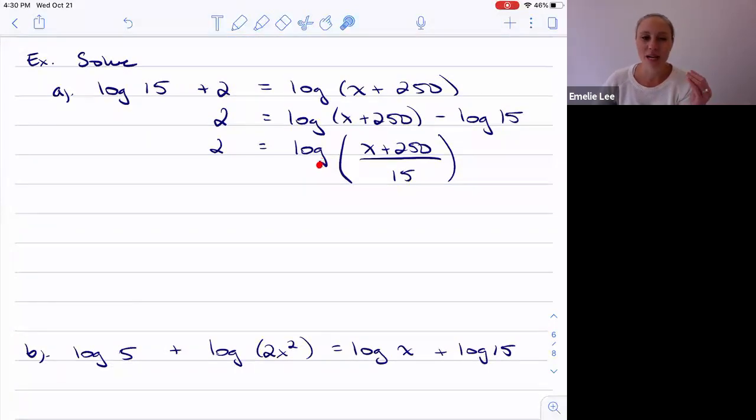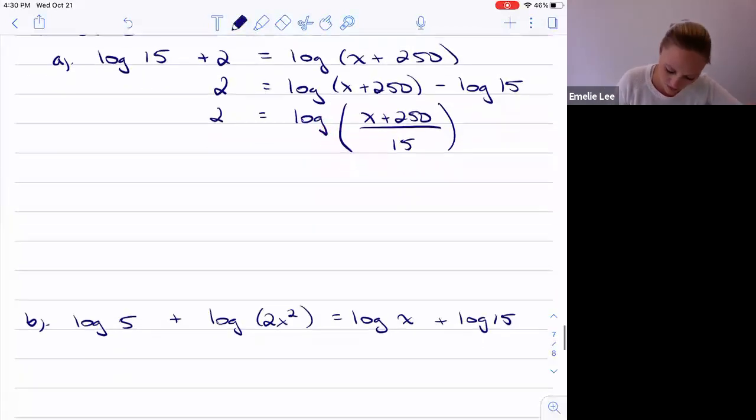Now I'm back to that scenario where I need to kind of shake this log out. I've got just the log and I want to get rid of it. I want to cancel it in a way. And so log base 10 means that I'm going to take 10 to the power of the log as well as 10 to the power of 2. So you're going to take 10 to the power of both sides.